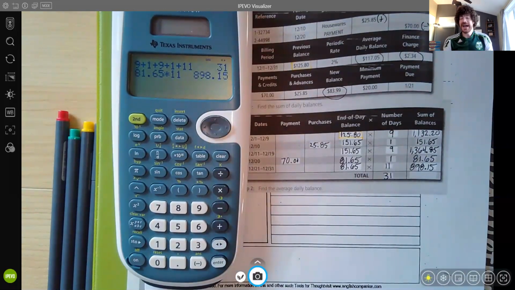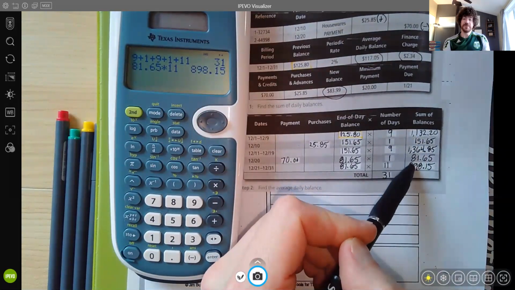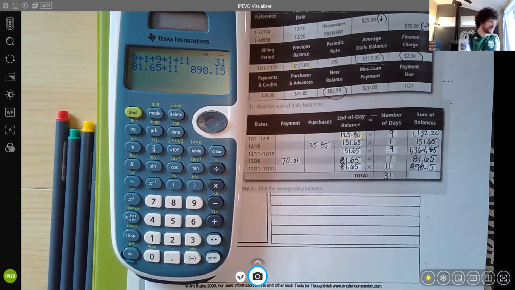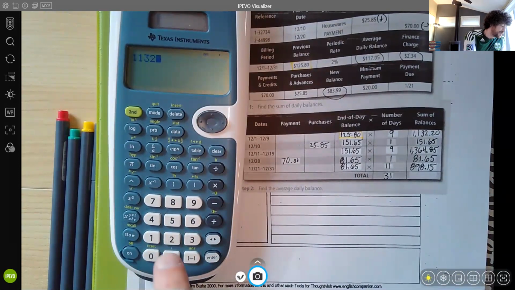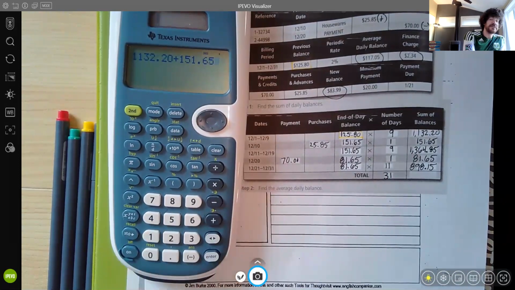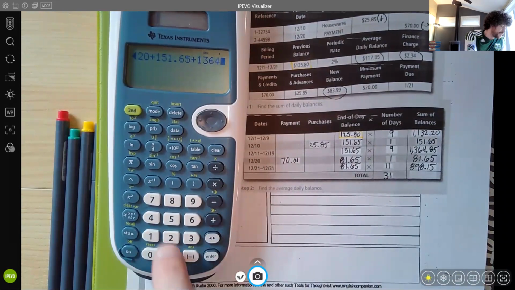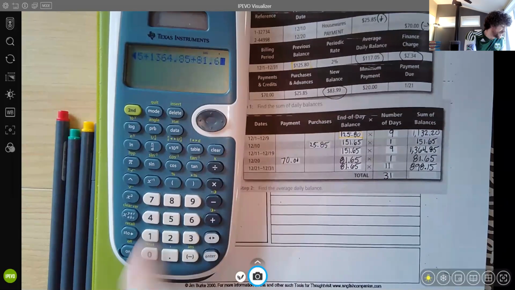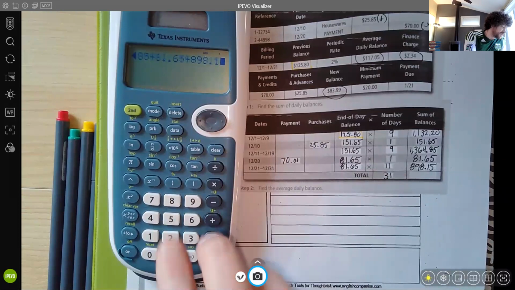So to figure out the average daily balance, we need the balance at the end of every single day added together, which gives us the sum of all of those balances. So we have to add up all those numbers there. So 1,132.20 plus 151.65 plus 1,364.85 plus 81.65 plus 898.15.